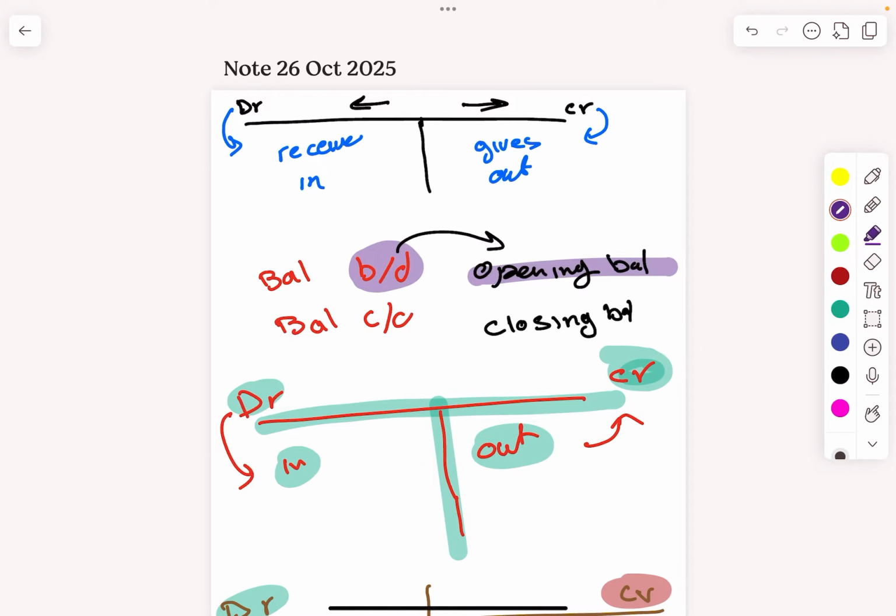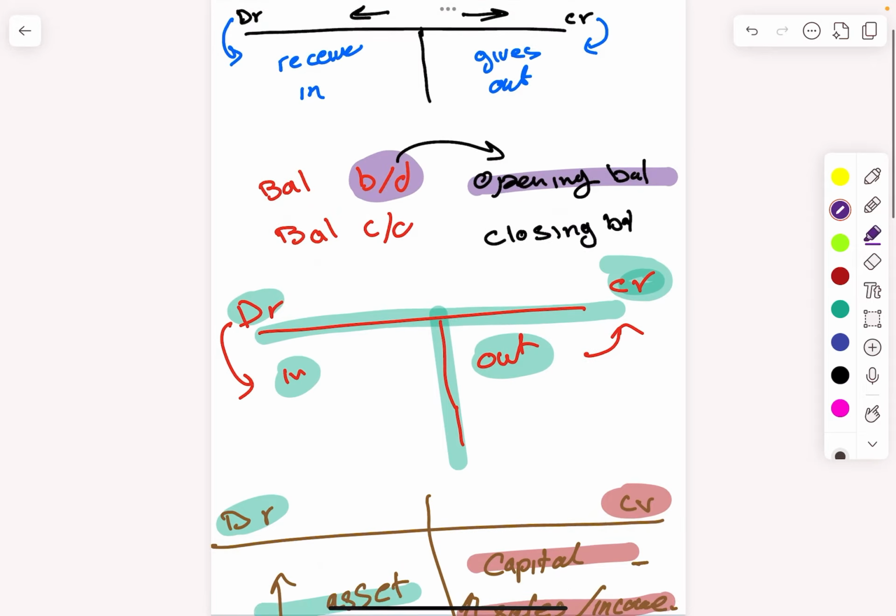When we put a date, it will be the first day of the month. The balance carried down will be the closing balance for this month and the opening balance for next month. If we put a date, that will be the last day of the month, either the 31st or 30th.